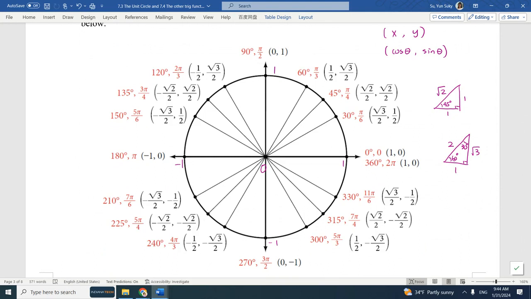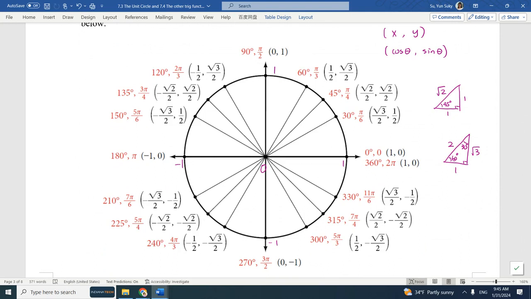Yes, so you see the picture is square root of 3 over 2. That's the cosine. How about the sine? Sine of 30 degree is, yeah, opposite over the hypotenuse. That is why we get 1 over 2. Is that clear, everybody? Mm-hmm.